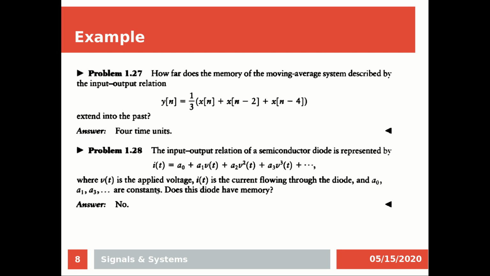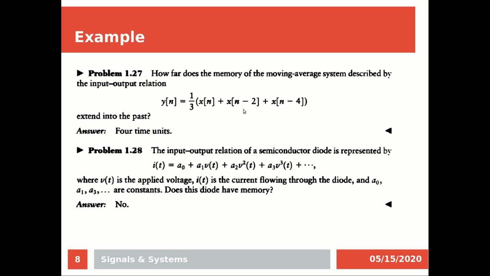Another example. This problem asks how far the memory of the moving average system, described by the input output relation, goes. How far in the past or the future does it have memory? So I have here the present, and I have the past. In the past I save the last one, then the previous one, and then the previous one.